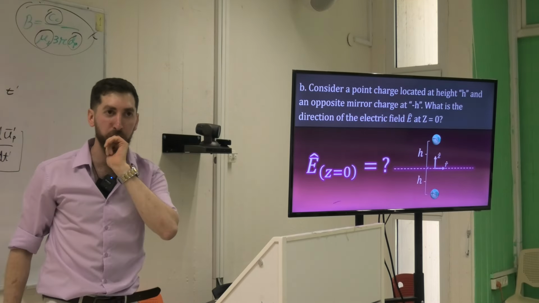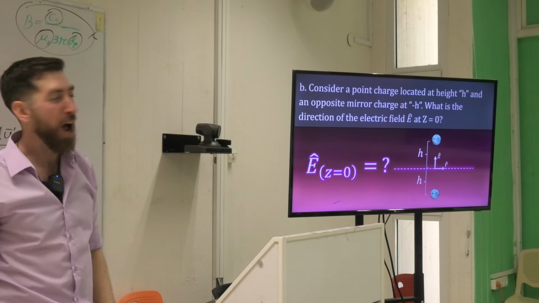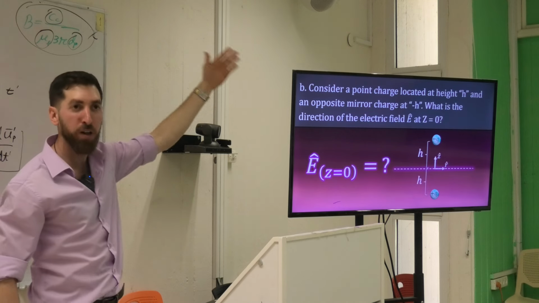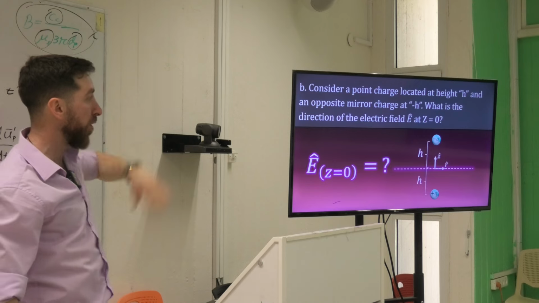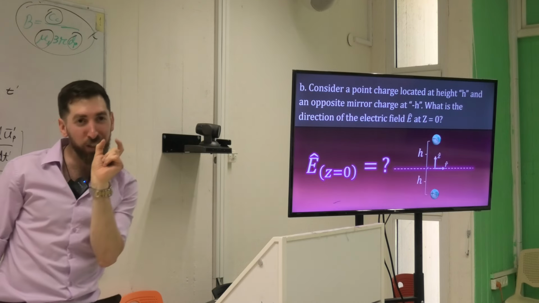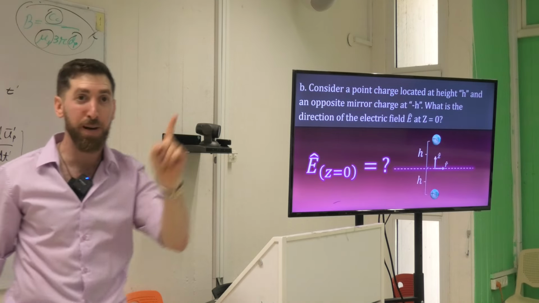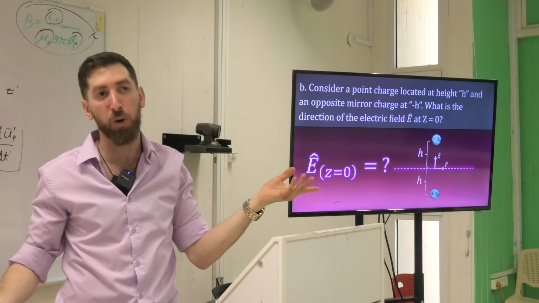Maybe this problem has the same boundary condition as our problem, and this is a very easy problem. We have a positive or negative charge Q above the tissue, and we have the opposite one below. They are both at height h, and I want the boundary condition to know what the electric field is. We know the electric field must be perpendicular, right? This is because it's a conductor.